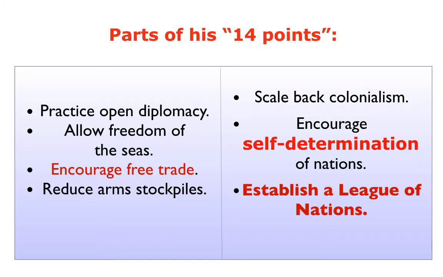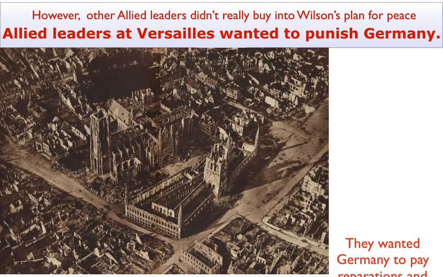And he wanted to establish a League of Nations, the first version of the United Nations. We'll talk about how the League of Nations ends up being a failure. What's interesting is the League of Nations is an American idea, and America never actually joins it. We'll talk about why that happens in a second.